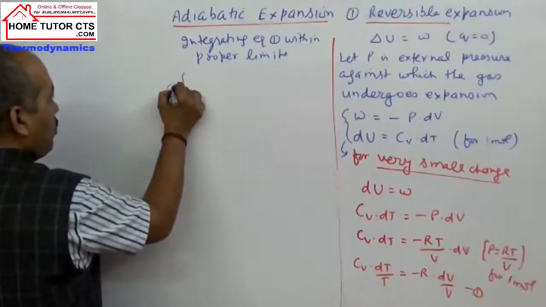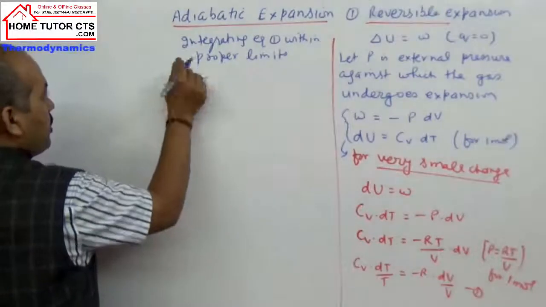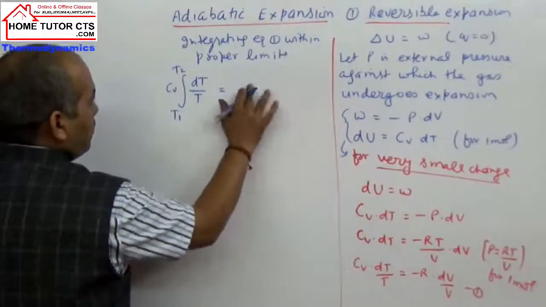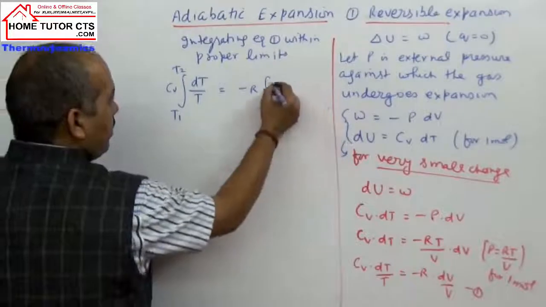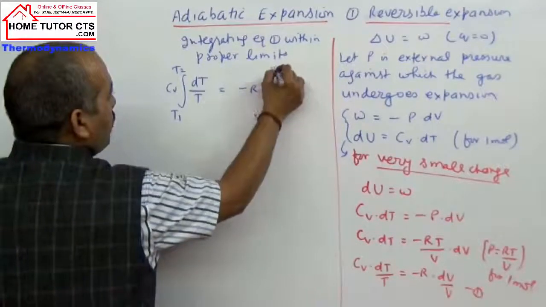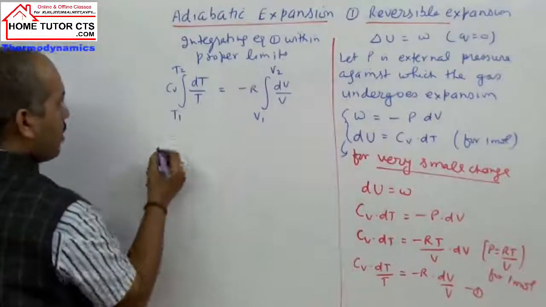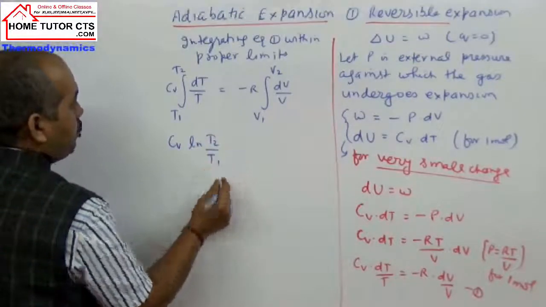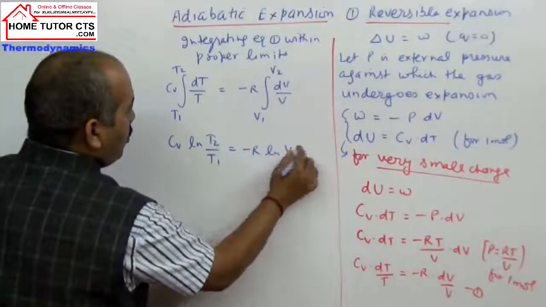I write Cv outside because it will be constant. dT by T from T1 to T2 temperature equals minus R, 1 by V into dV, volume V1 to volume V2. When this expression is simplified, what solution comes? It is Cv ln T2 by T1 is equal to minus R ln V2 by V1.